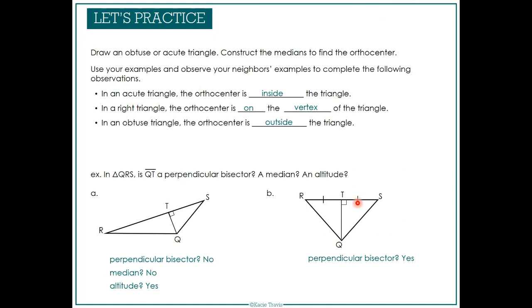If we look at where it is, this is coming from the vertex to the midpoint of the opposite side, which makes this also a median. And then finally, since it is also perpendicular and it is coming from that opposite vertex, this is also an altitude. So in this case, all three of these can be considered a part of this line, as opposed to this, where it's only one of them.